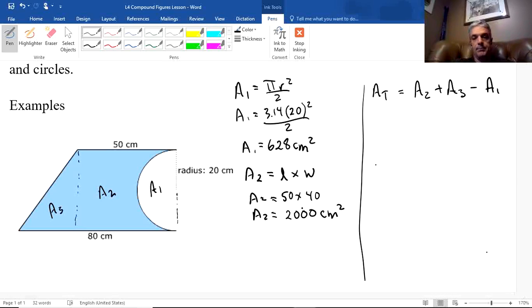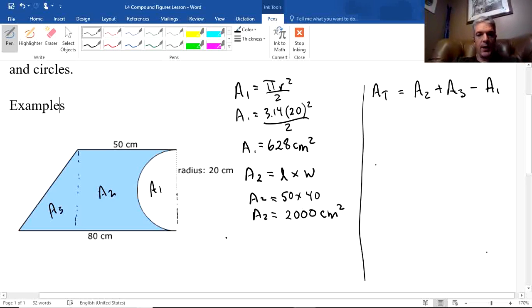And then the last one is to find the area of my triangle, and this can be a little bit trickier. A3 is going to be 1/2 the base times the height. This is my height at 40. We know that because it's the same height as over here. But then the tricky part is what's this distance here? This distance is going to be 80 minus 50, so it's going to equal 30.